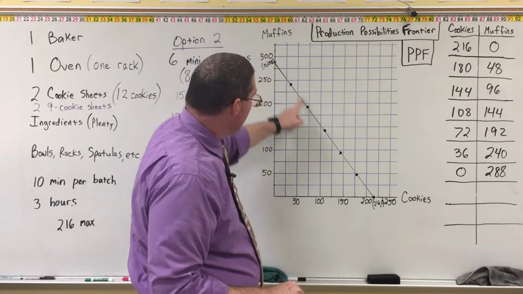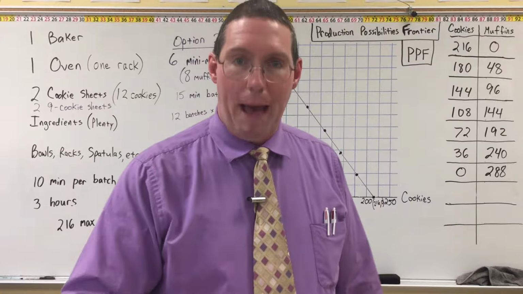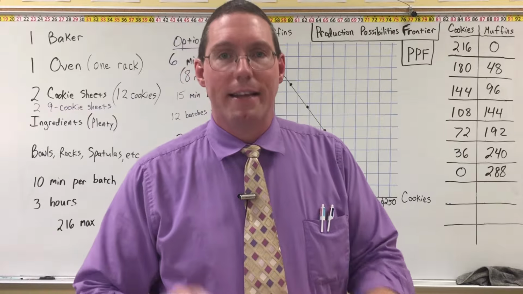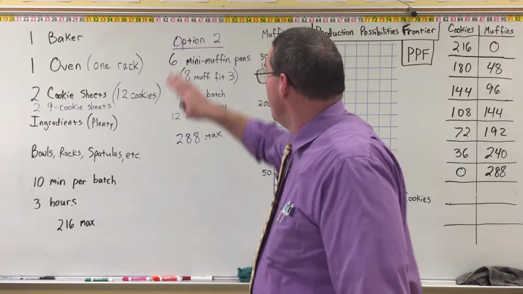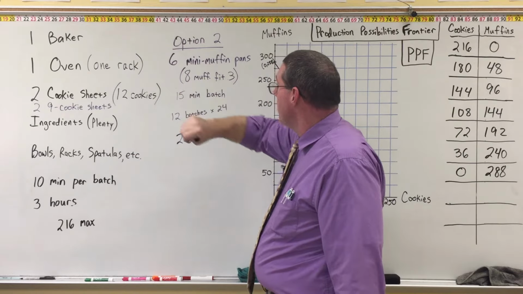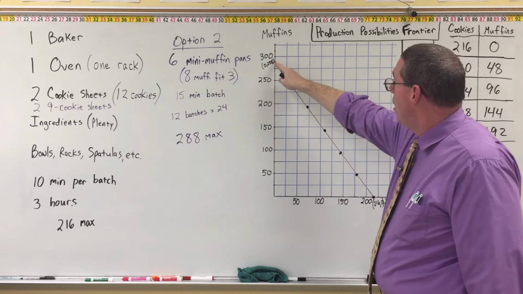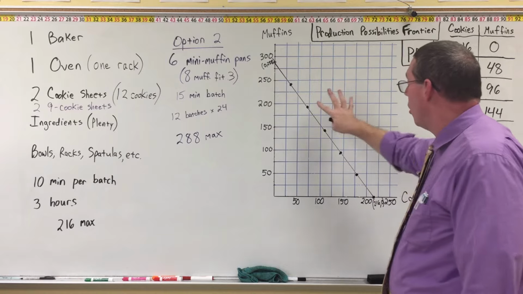And it represents, this limit of production represents productive capacity, the maximum output that can be produced in an operation. So, this baker, the maximum that this baker can produce is all of the mixes of muffins and cookies that run along this line on this graph.